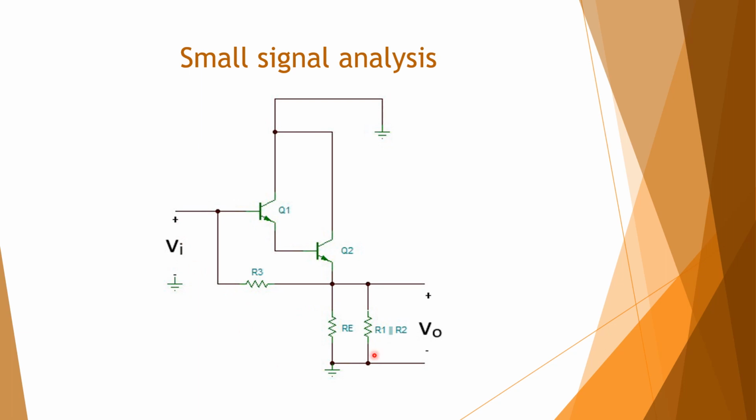All the other capacitors are shorted for the small signal analysis. This resistance can be changed according to Miller's theorem. We can connect it from base to ground, and from the emitter of the second transistor to ground. So we'll see that.